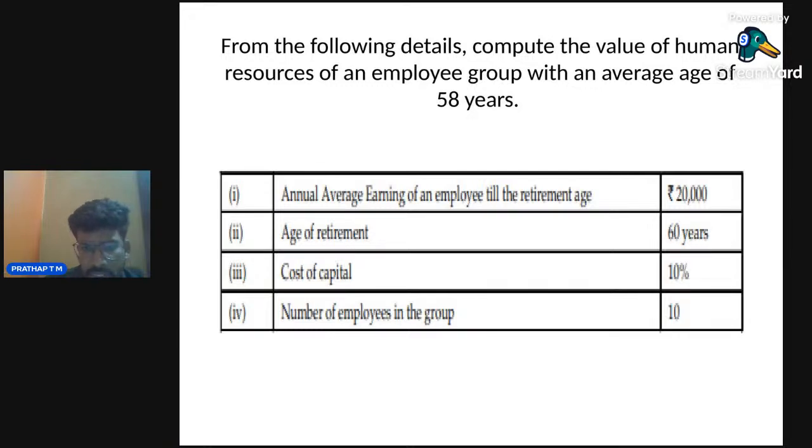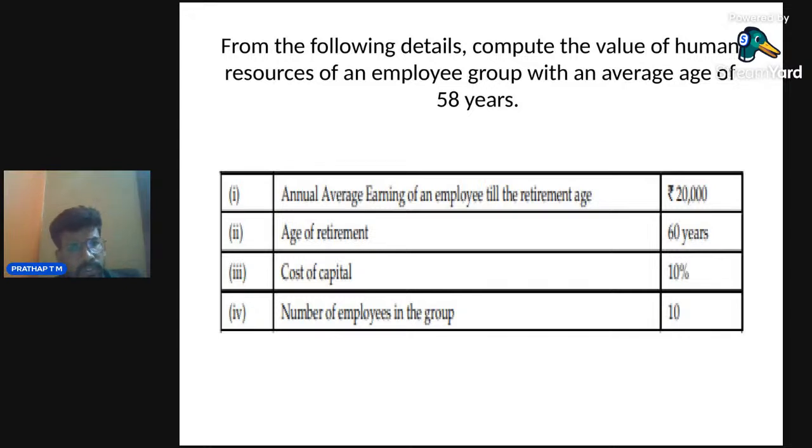Annual earnings are given in the question itself, so you can easily determine them. These are the information which they gave.